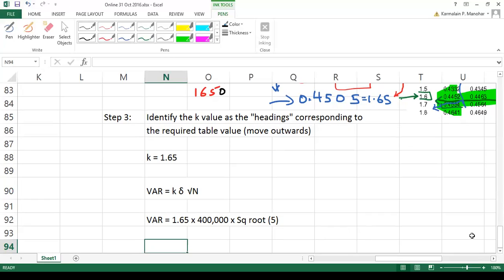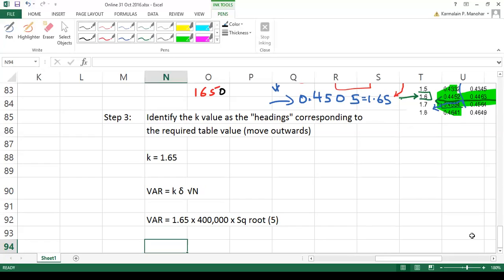Why is Anita getting something else there? All right, come on, careful with that square root sign. Let's try the square root of 5 first, Anita. So press your 5, press your root x, and get your 2.236. Then multiply by 1.65, then multiply by 400,000, and you'll get something closer to what Natalie got. Right, very good. So 1,475,804.